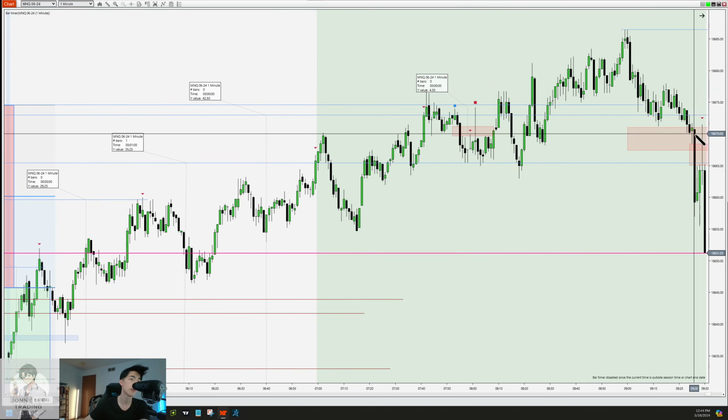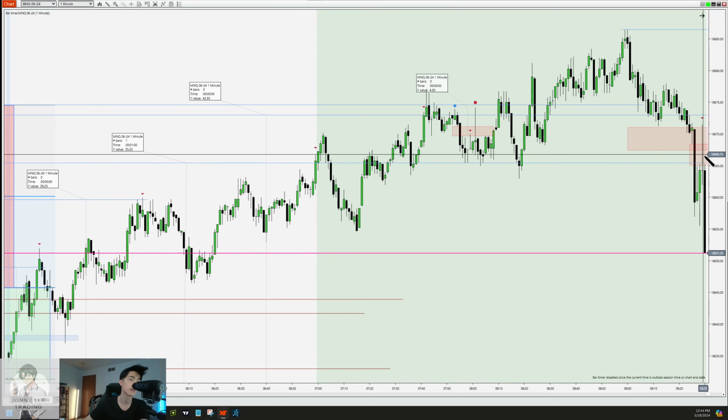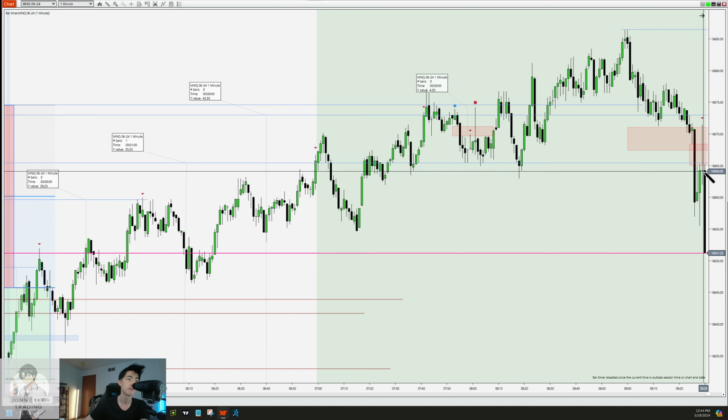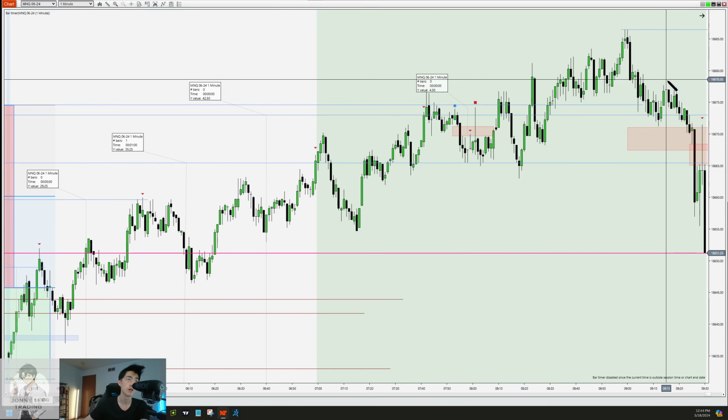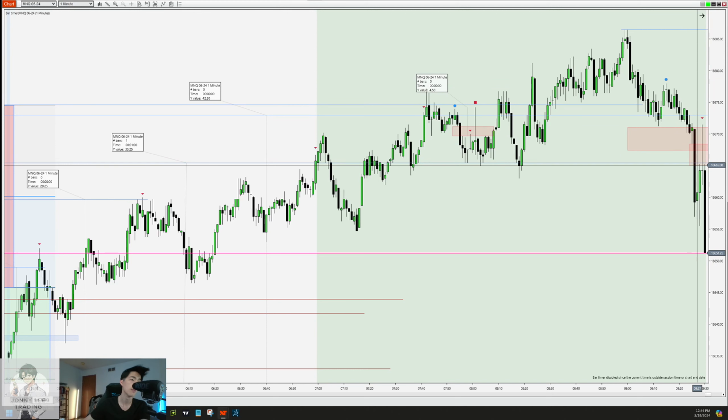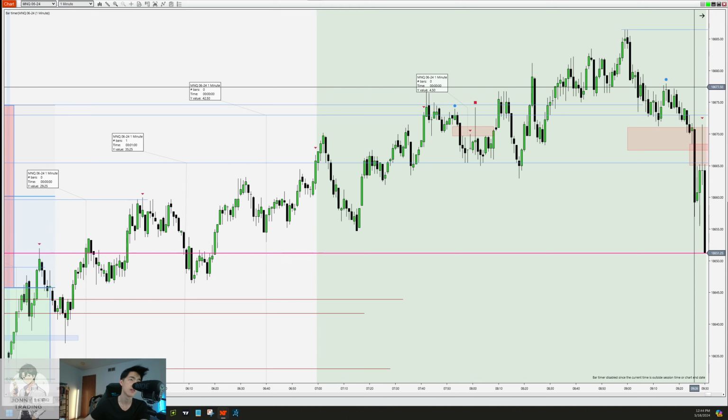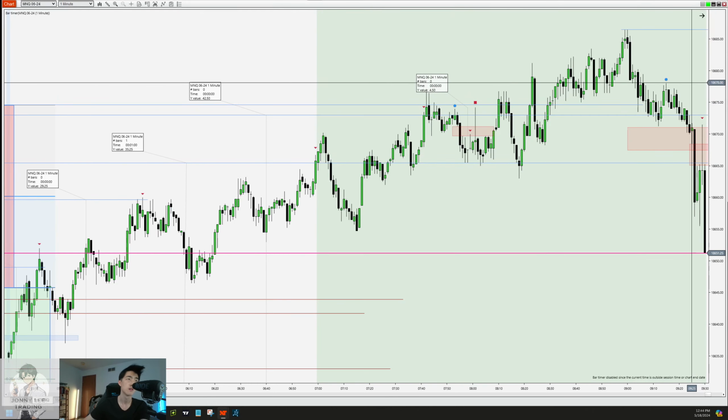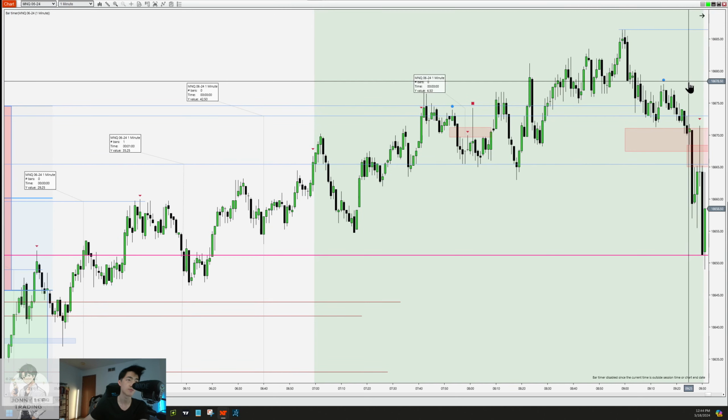Now, you could put it above this, but you would have also probably gotten tagged by this quick move here. Maybe not if you're too slow, but the safer stop would be up here, 78 from 65. So that'd be 75, 76, 77, about 12, 13 handles. So if you put it up there, typically you're not going to get stopped out as badly if you're trading in the right bias direction.